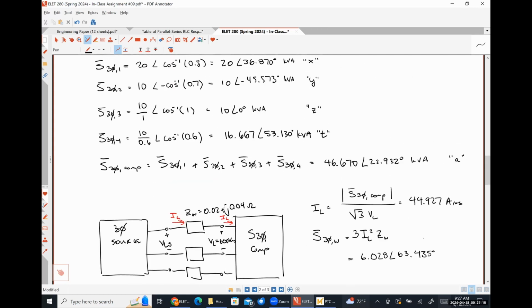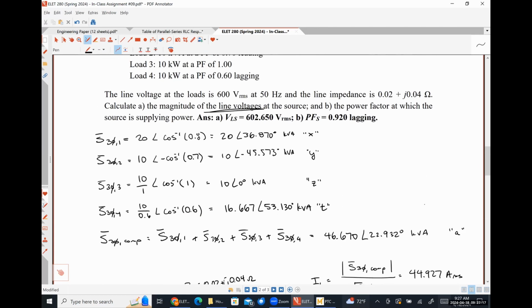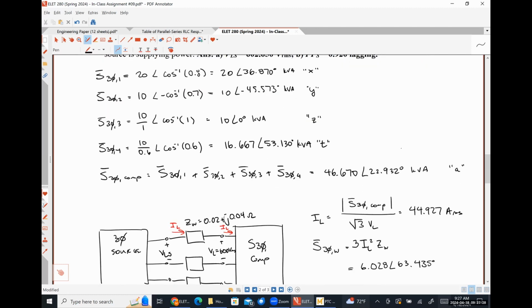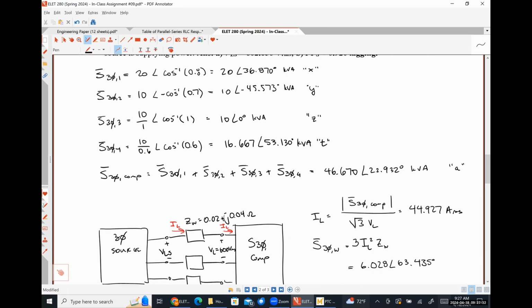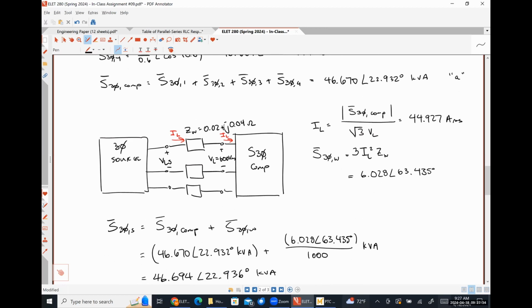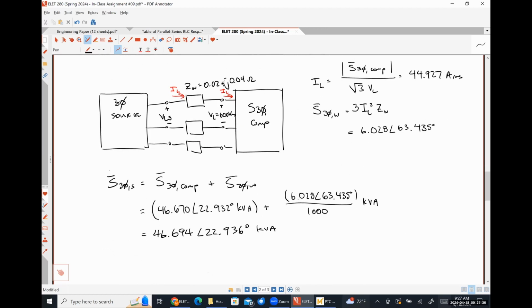Let's scroll up here. Our goal was to calculate the magnitude of the line voltages at the source and the power factor at which the source is supplying power. So how might we calculate either of those two quantities? We're looking for power factor and magnitude of a voltage. Caleb.